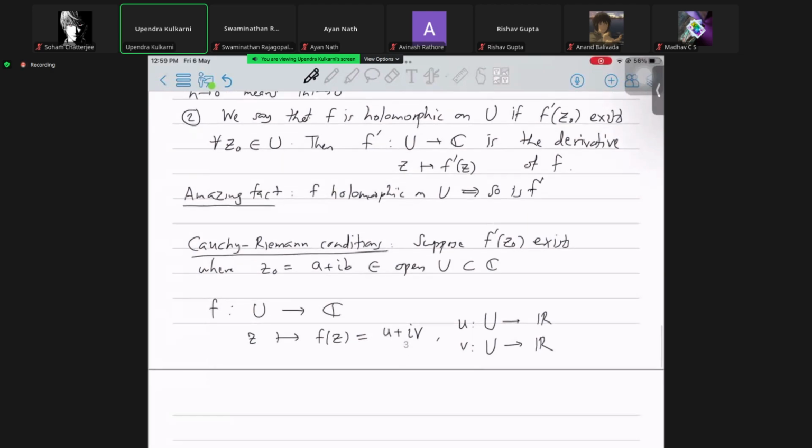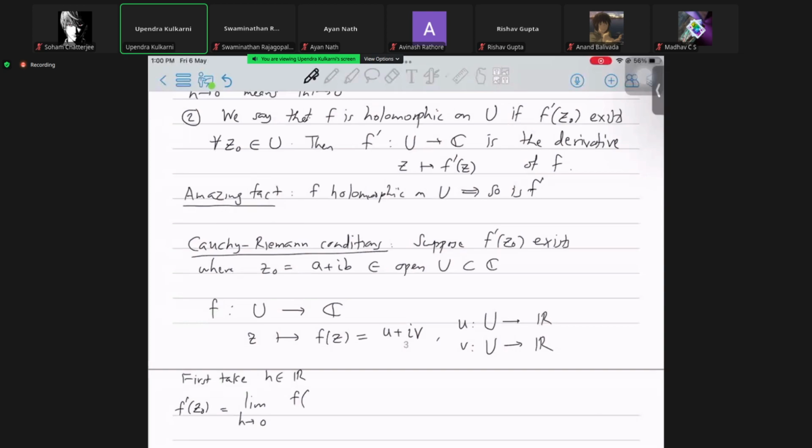So let's write down the calculation. f prime of z naught is the limit as h approaches 0 of f of z naught plus h, but I'm going to take a specific h. So first take h in real numbers.